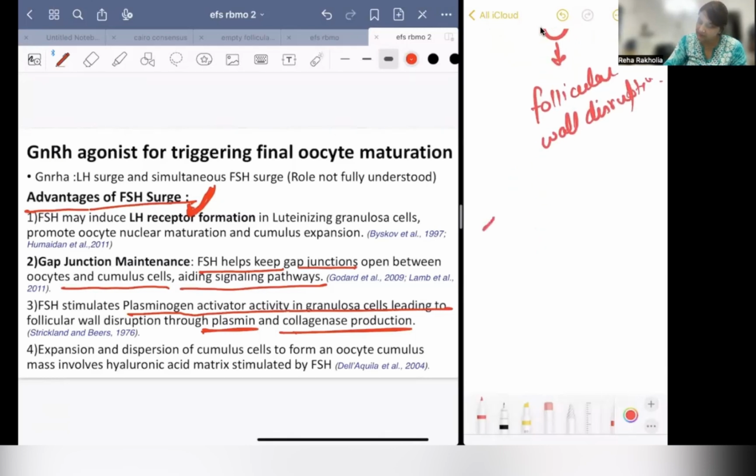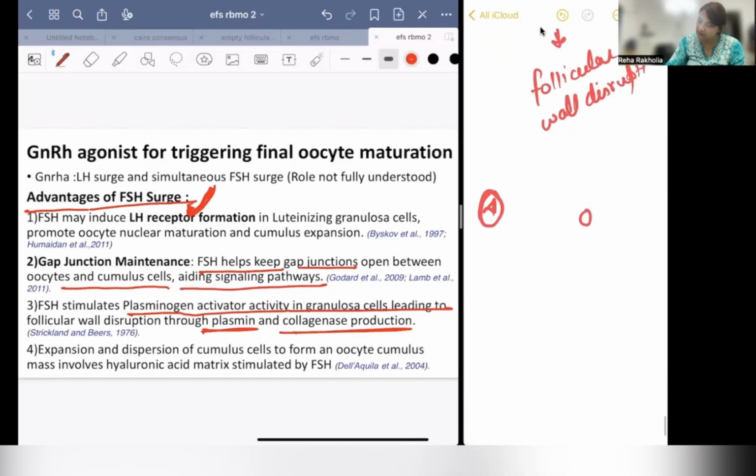Fourth, expansion and dispersion of cumulus cells to form the oocyte-cumulus mass involves a hyaluronic acid matrix stimulated by FSH.